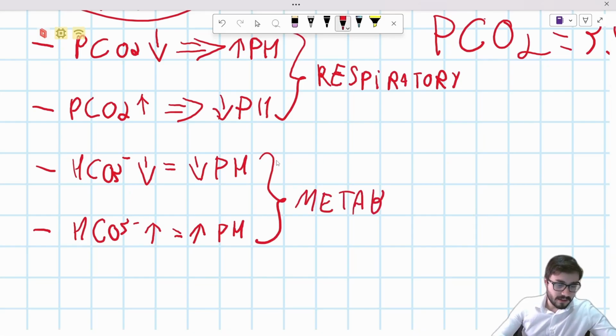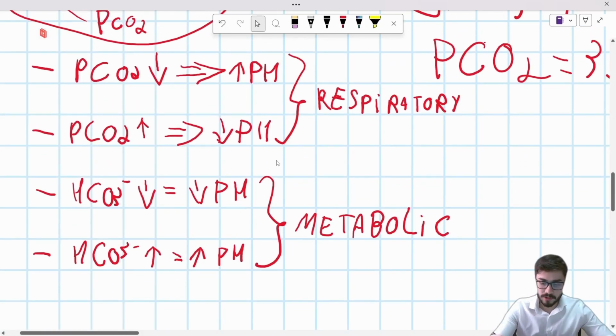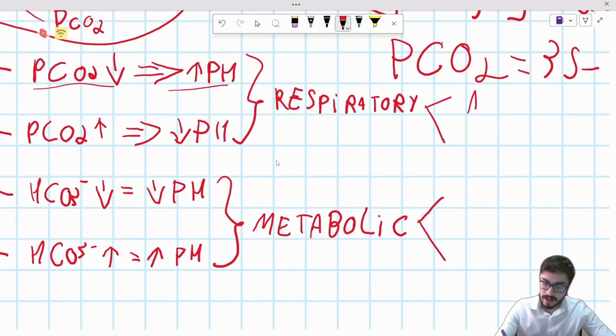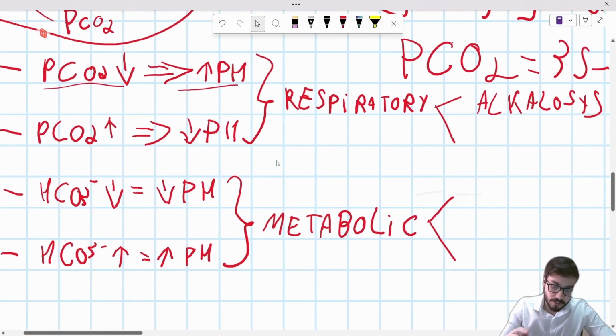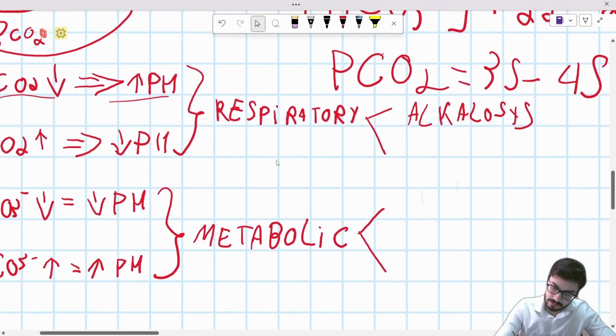When the PCO2 goes down and the pH goes up, we end up with a respiratory alkalosis. Okay, and if the PCO2 goes up and the pH goes down, we end up with a respiratory acidosis.